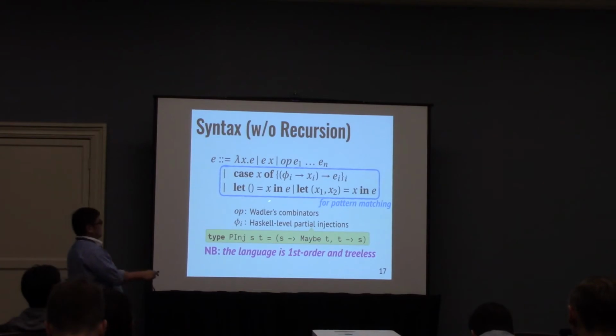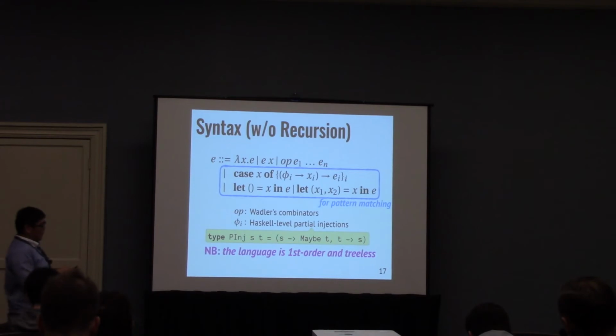The other branch is to decompose a Haskell-level product by using Haskell-level products. Also, another important thing is that the language is still treeless.